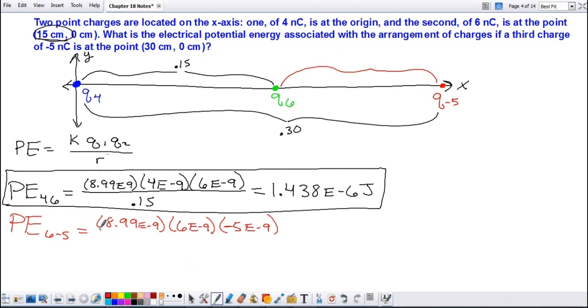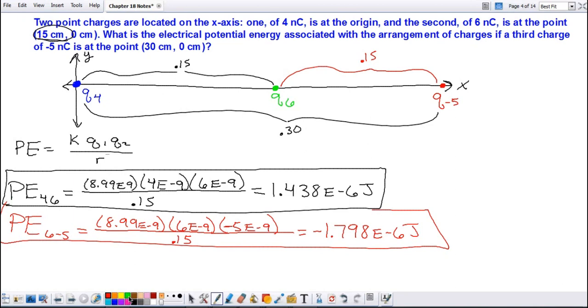It doesn't worry about the direction, it just tells us if it's increasing or decreasing. Divided by the distance. This was 15, the whole thing's 30, so this must be 15 centimeters as well. So divide by 0.15 meters, and we get the electrical potential energy to be -1.798 times 10 to the -6 joules.